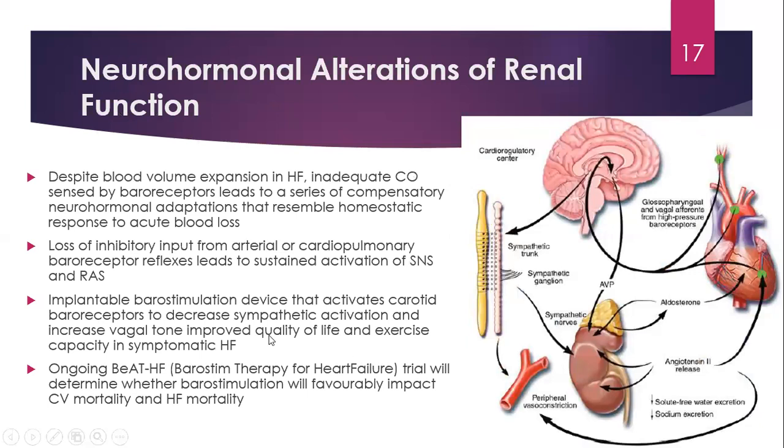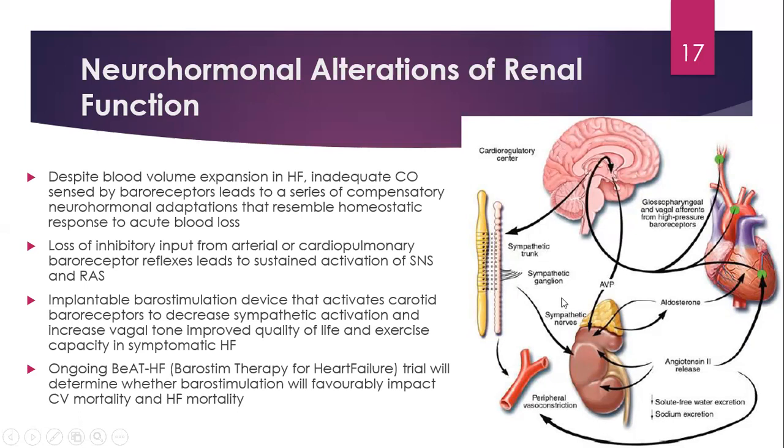So briefly, we talk about the effect of the neurohormonal activation on the renal system. If you see here, once the sympathetic system is stimulated based on input from the various receptors in the heart, the baroreceptors and chemoreceptors afferent to the cardiovascular center, and then the efferent goes through the sympathetic chain.